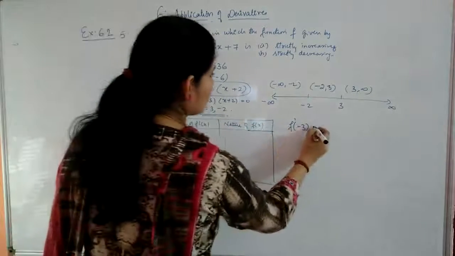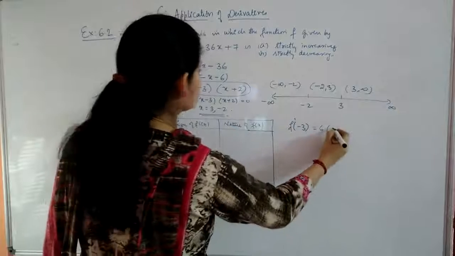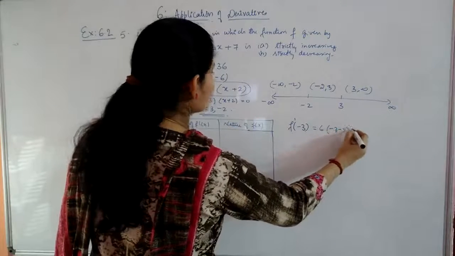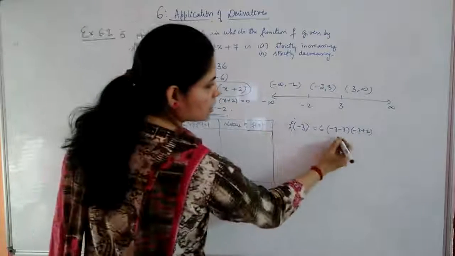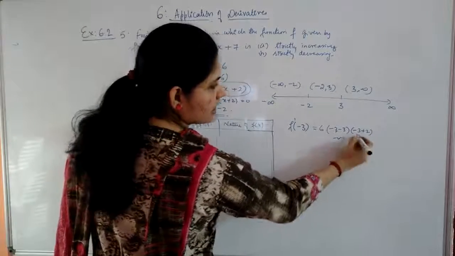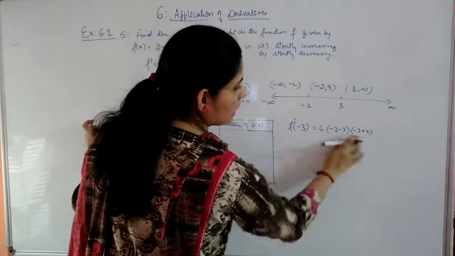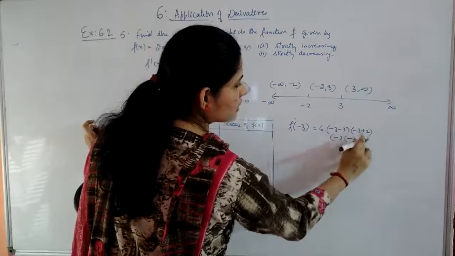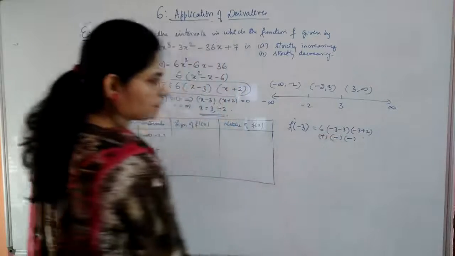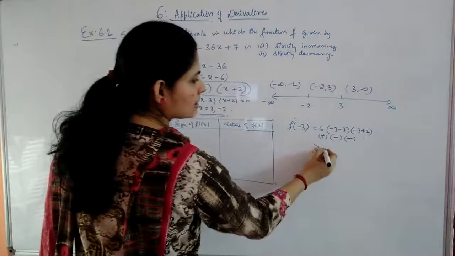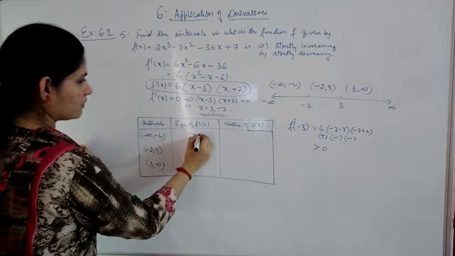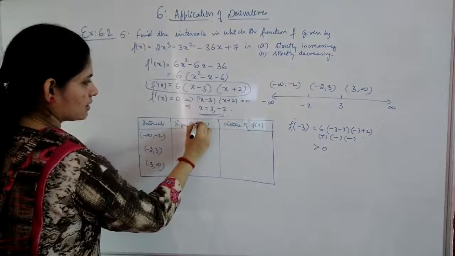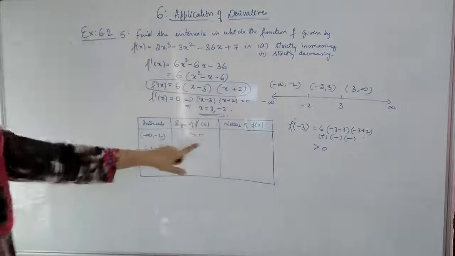So 6 is positive. You need not calculate, just write and see whether you are getting positive or negative. Here it will be negative, right? This is also giving you negative. So negative into negative will give you positive. This is already positive. So you are getting this greater than 0. So you can say that in this interval f dash of x is greater than 0.